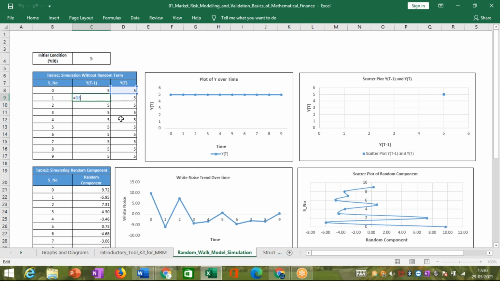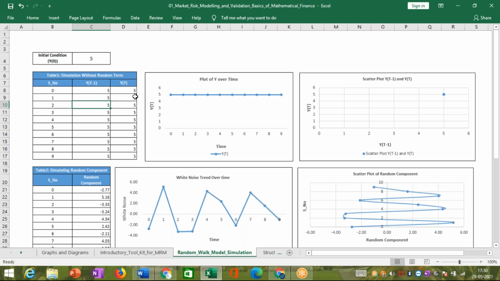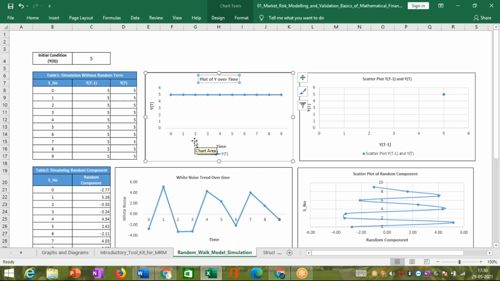So this is a very stable equilibrium situation that I have. Over here, what I have first created is a plot of y, so y over time. I have seen how this y_t varies over a point of time, and over here I have all these serial numbers.